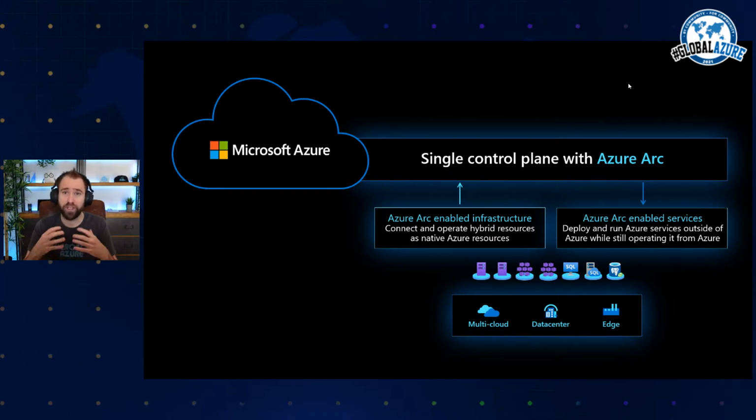That's what we call the Azure Arc enabled infrastructure. So if you have existing Windows and Linux servers, again, doesn't matter where they're running, then you can connect them up to Azure and make sure they are basically becoming an Azure resource. And I will show you that in a bit. And it's not just about servers, it's also about Kubernetes clusters and existing SQL servers and so on.